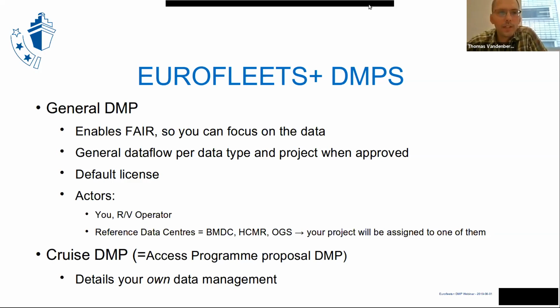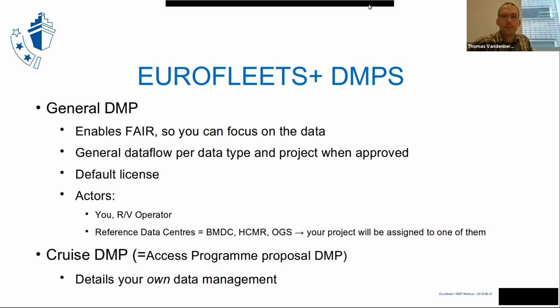We have defined there the general data flow per data type. When your project is approved, it will be reported inside the larger DMP, so we and you know what pathway it will have towards being published online as open data. Also in the general data management plan, we applied licensing. We have defined who the actors are, what the principal investigator does, what the RV operator does, what the reference data centers do.